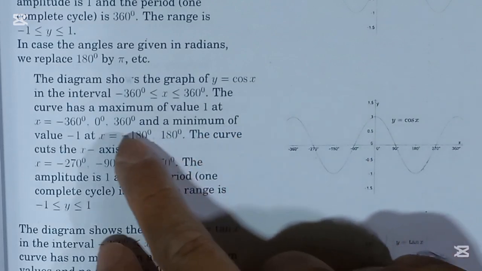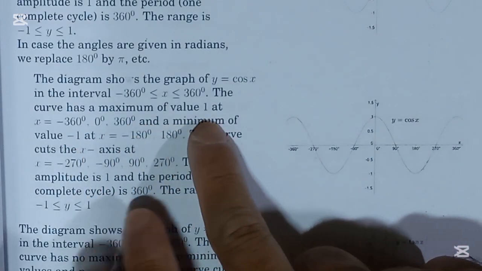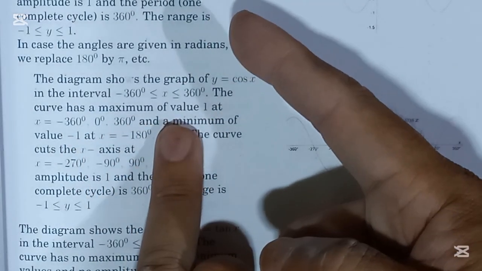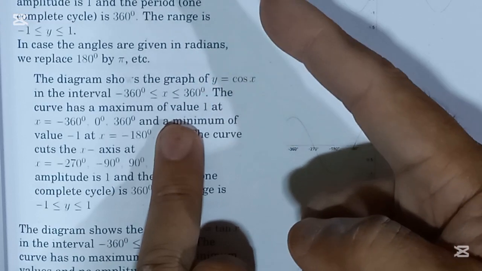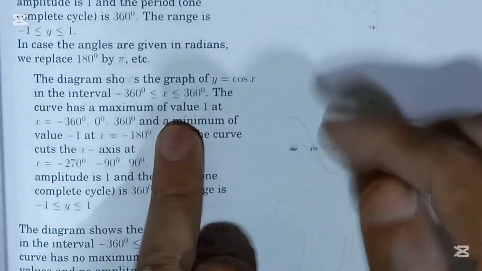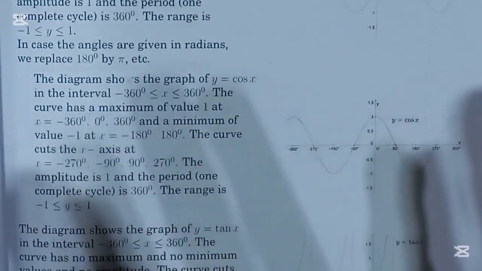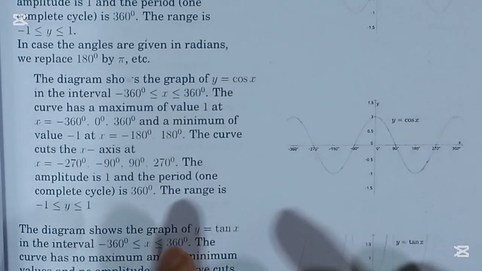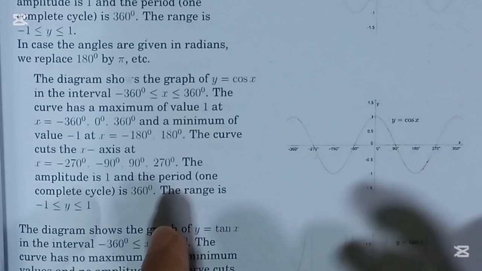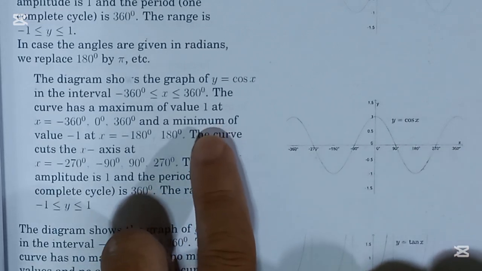So from the graph it can be seen that the maximum value is 1. Like sine theta, in which we have the maximum value 1, in cos theta the maximum value is also 1. The next thing which we have to mention is the respective angles at which the maximum value is obtained.